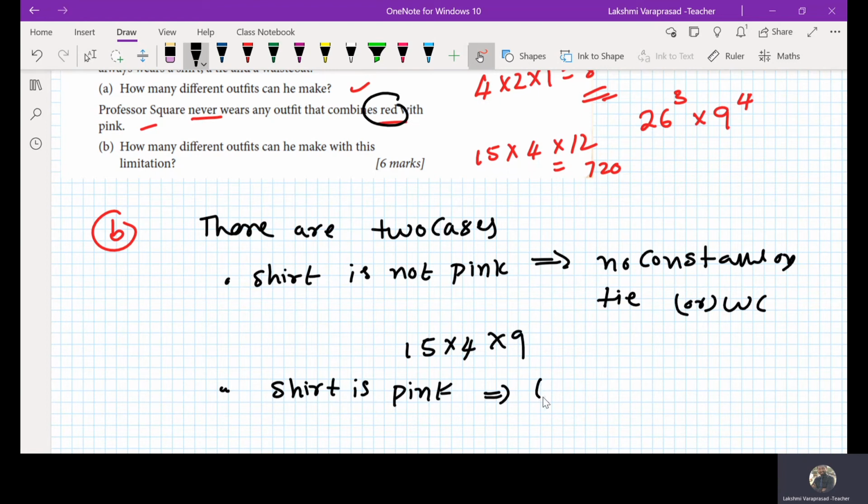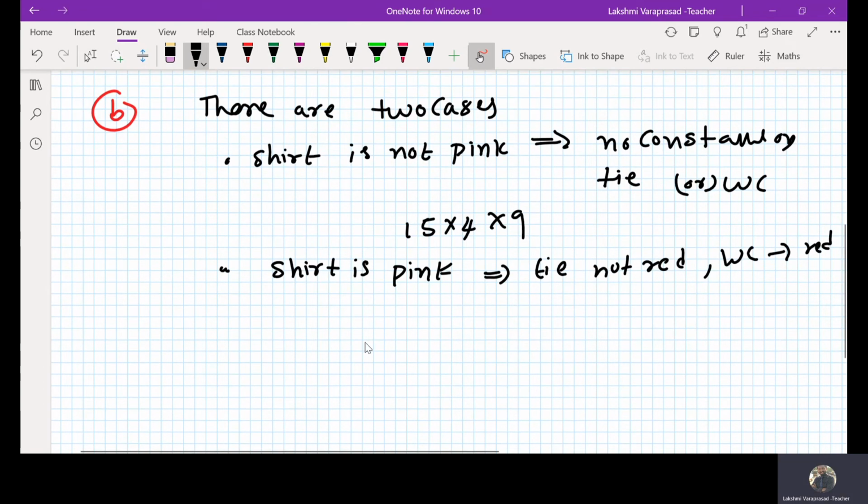So we'll put that condition: tie not red, and waistcoat also should not be red. This is the combination. The number of pink shirts is 3, and not red tie 12, and not red waistcoat 3. It is going to be 108. So the above one is going to be 540.